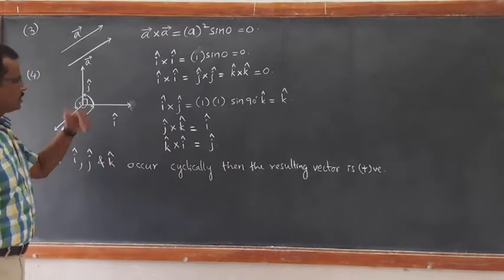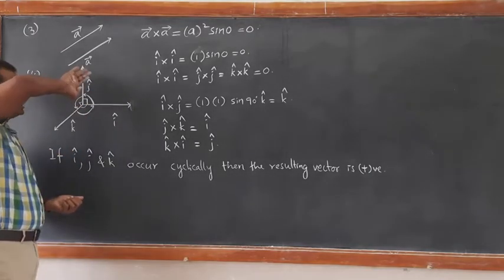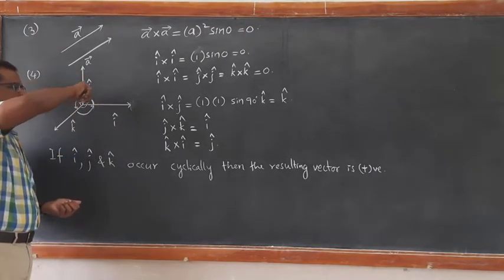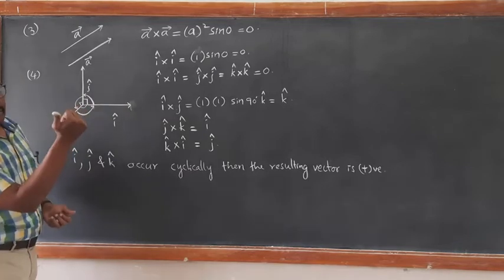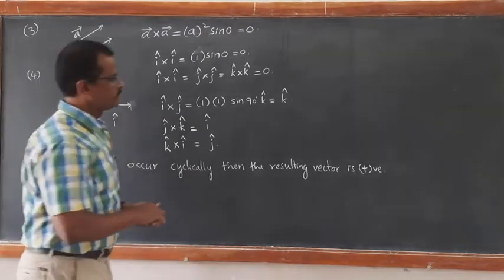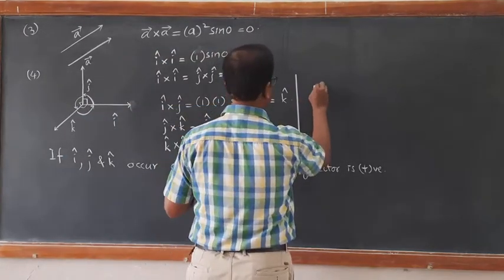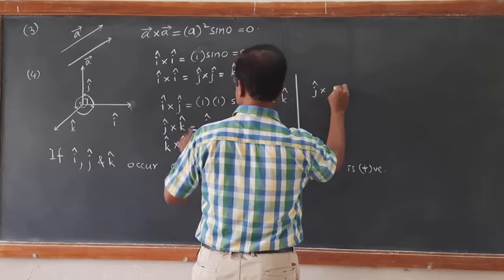Now if you change the order, let us say it is J cross I, if you are coming from J to I, you see it is now pointing inwards. If it is pointing outwards, it is plus K. If it is pointing inwards, it is minus K. So I am writing here, this is J cross I.